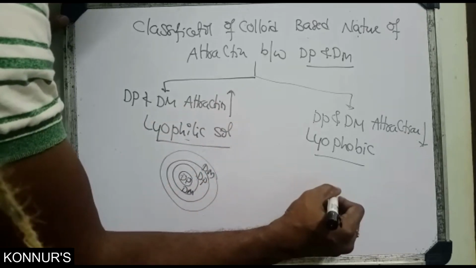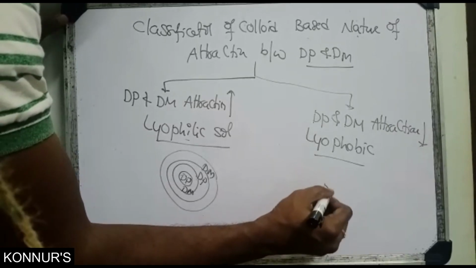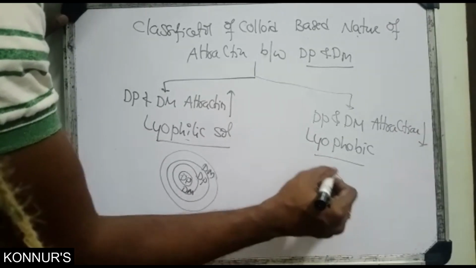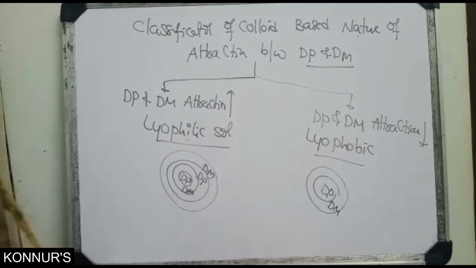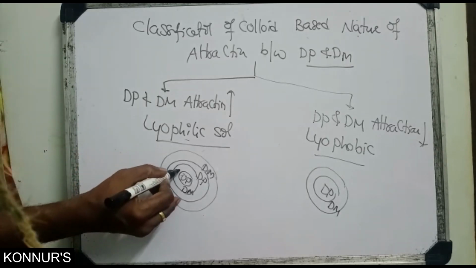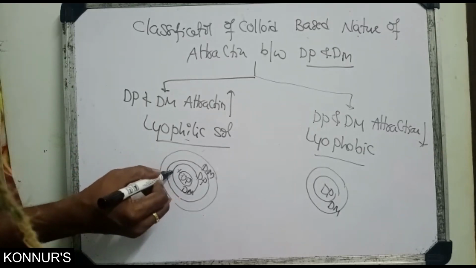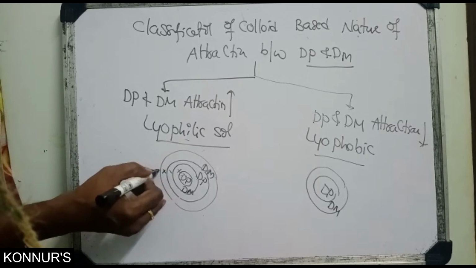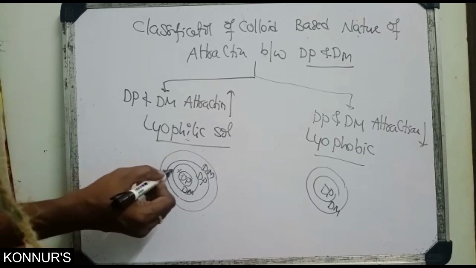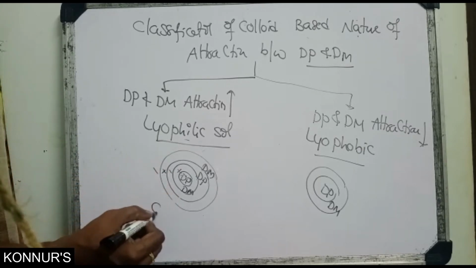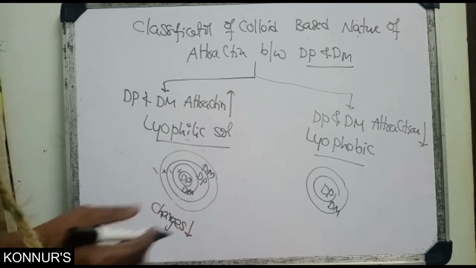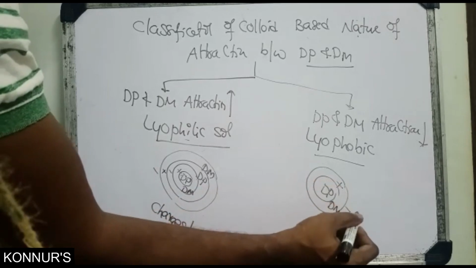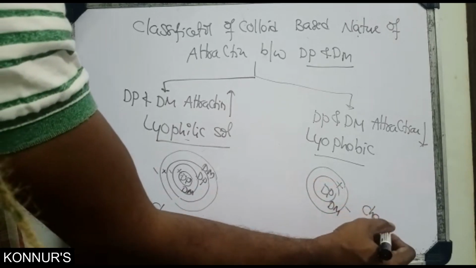Here, one layer of dispersion phase is surrounded with dispersion medium, and next it will be stopped. Suppose positive is there, it is neutralized with negative; negative is there, neutralized with positive. So continuously it is going, and the charges are less. Here one positive, one negative. Charges are more.